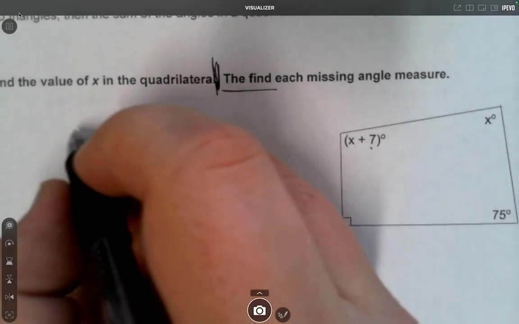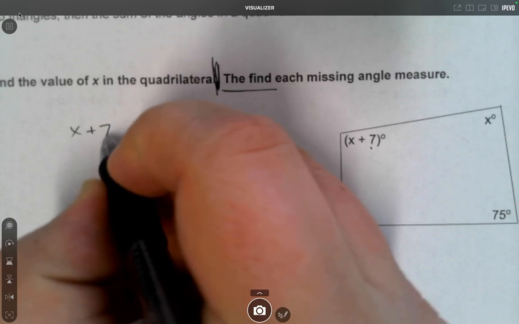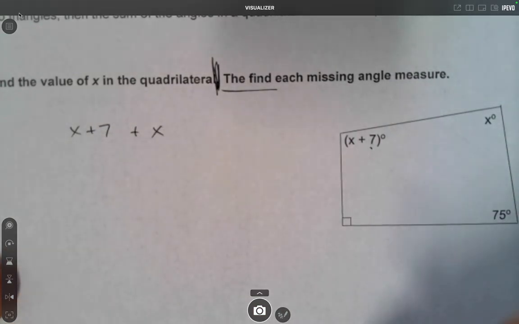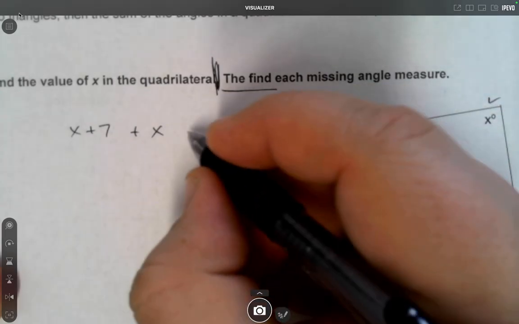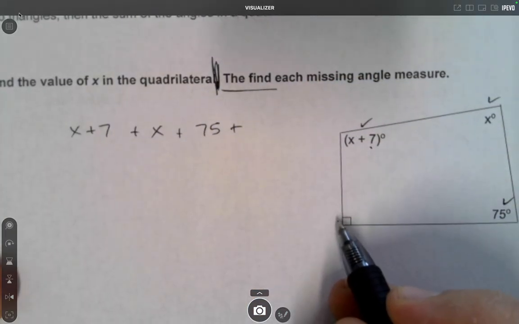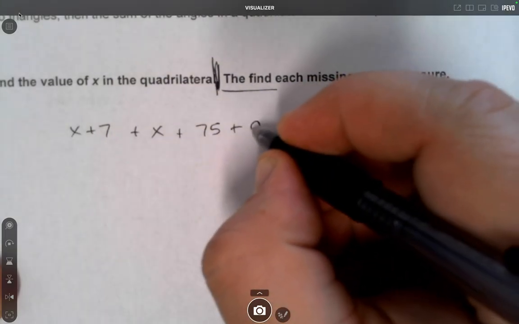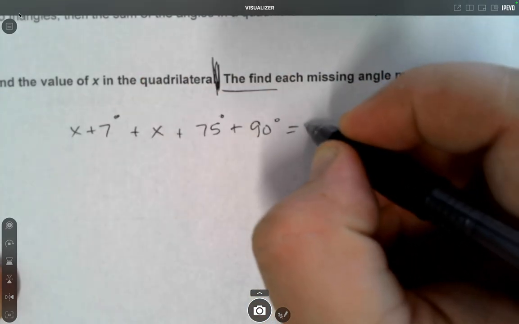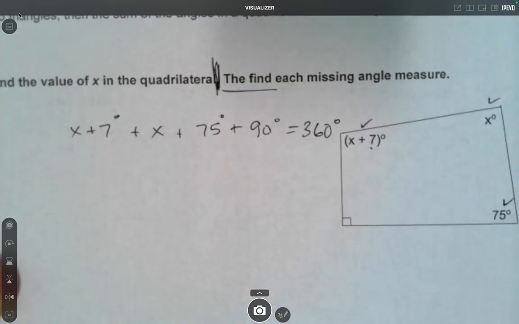So I'll begin by saying x plus 7 plus x, plus 75, and remember, this is a right angle. That means 90 degrees. All has to add up to 360 degrees.